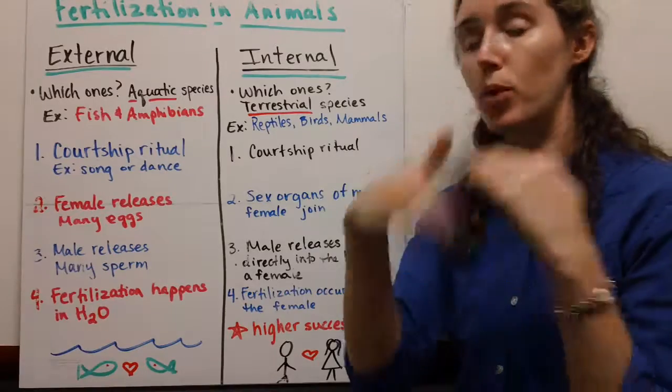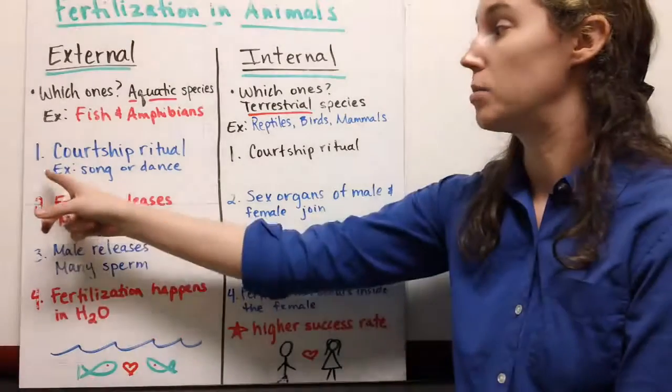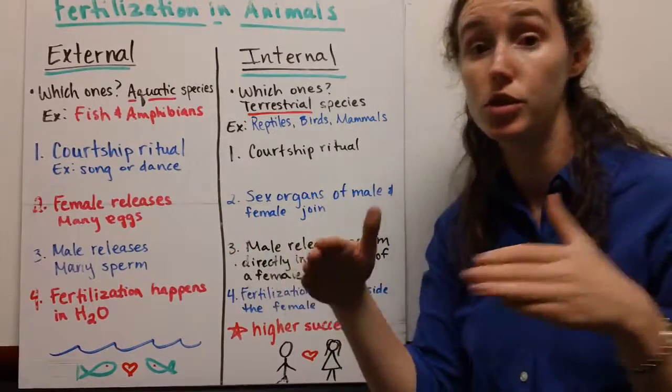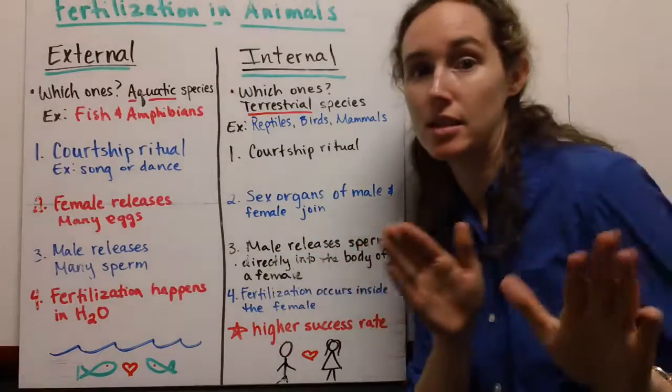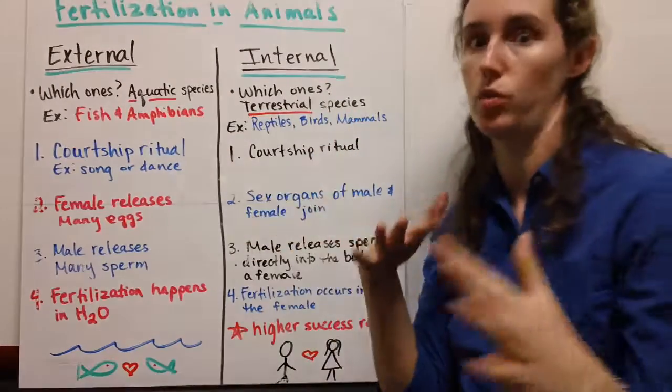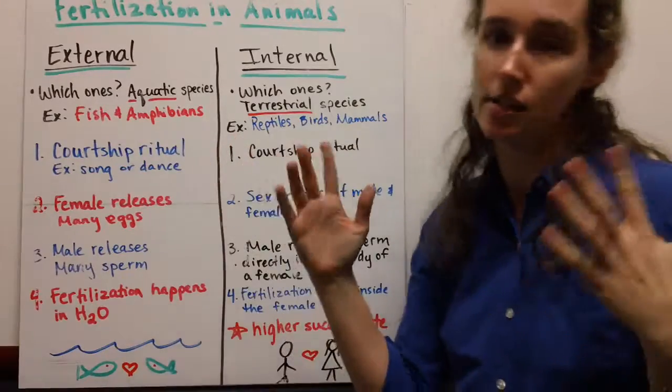Now, the process here is there's going to be some kind of courtship ritual. So yeah, even fish do swimmy dances, and of course, frogs sing those frog songs and they croak and ribbit to get the ladies excited.